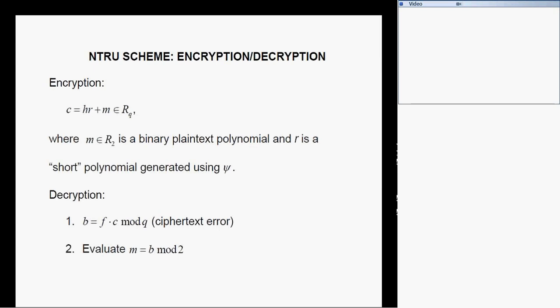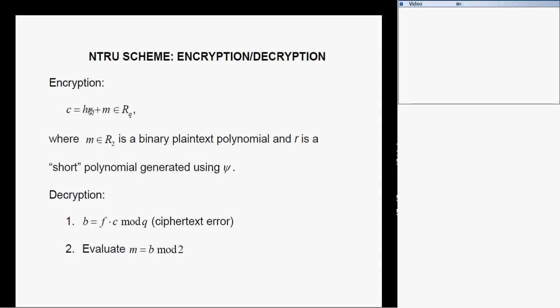So first, multiply our public key by a certain polynomial R, which is in this case generated using a discrete Gaussian distribution. So it's basically multiplying the public key by a bunch of noise. As in the conventional NTRU scheme, it's a basically random polynomial with a uniform distribution.